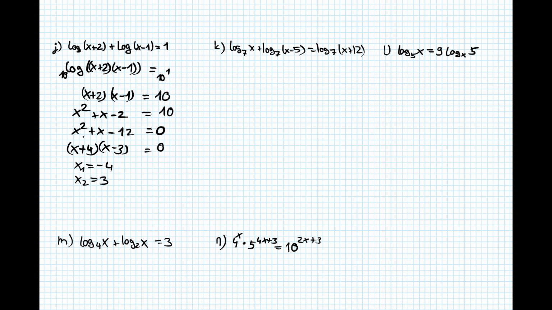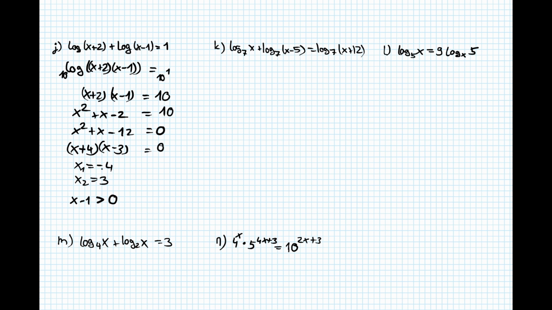And now we have to check again for the logarithm laws. So we know that what's inside the parentheses here can never be smaller than 0. So x minus 1 has to be bigger than 0.